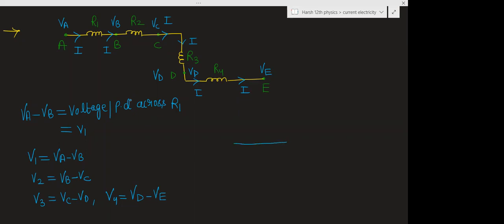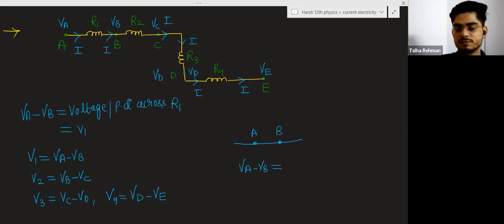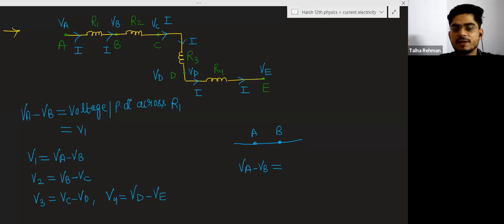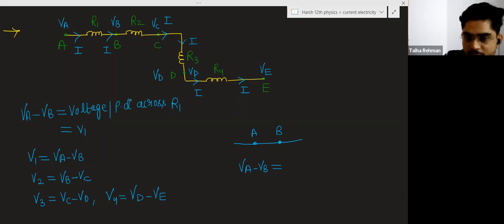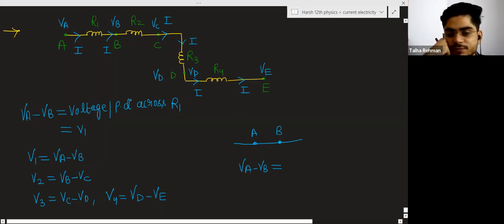And Harsh, if I am giving you a wire like this, and this is point A and this is point B, I want to find VA minus VB. So what is the value of VA minus VB? This is a simple wire and no resistance is connected. Sir, it will be V, right? No. Think.